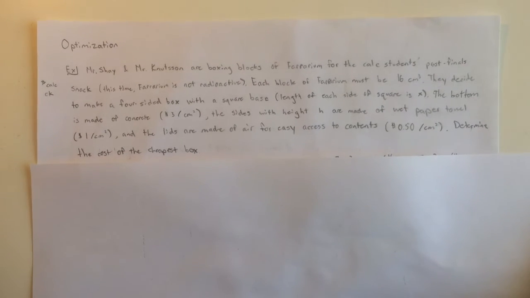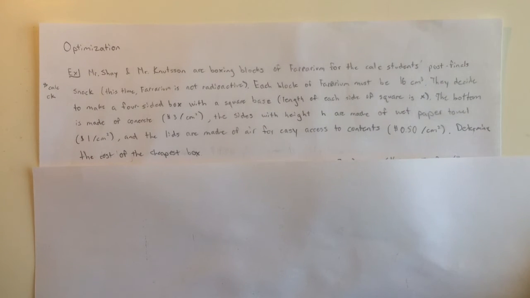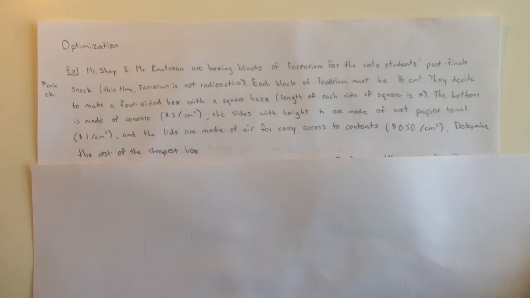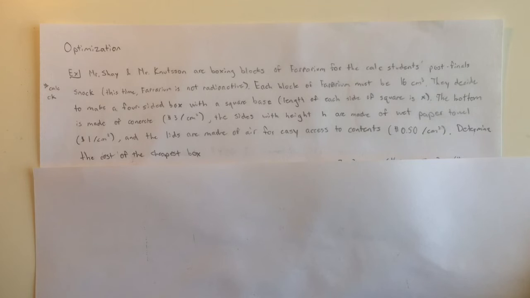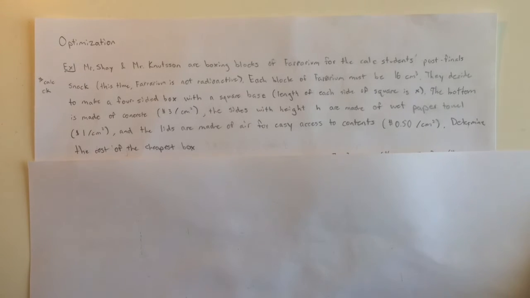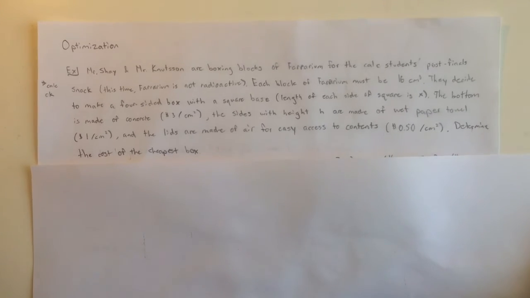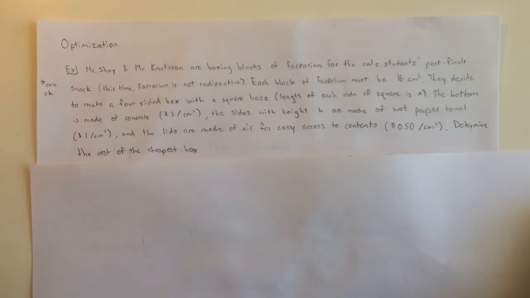Length of each side of the square is x, and this base is made of concrete, which is $3 per centimeter squared, and the sides with height h are made of wet paper towel, which is $1 per centimeter squared, and the lids are made of air for easy access to the contents. And in this context, air is 50 cents per centimeter squared. Determine the cost of the cheapest box.